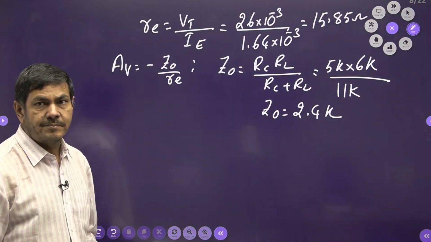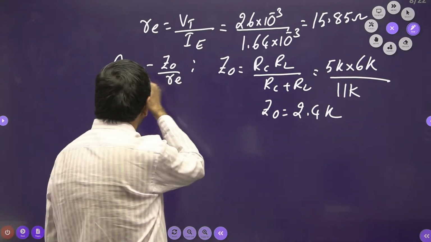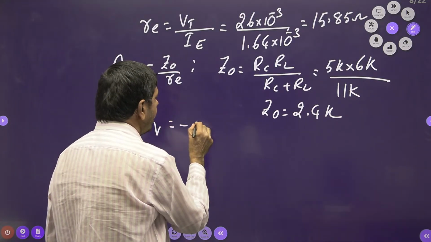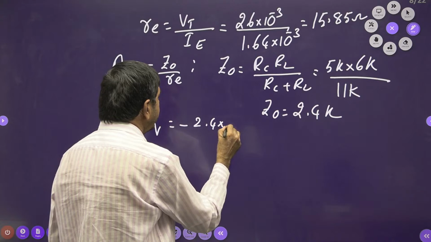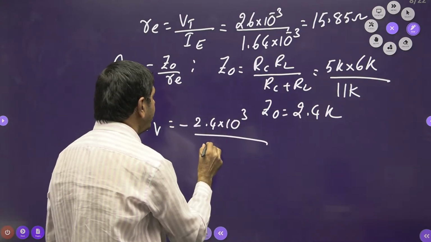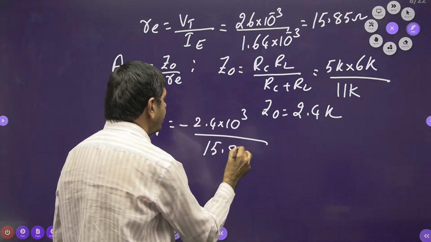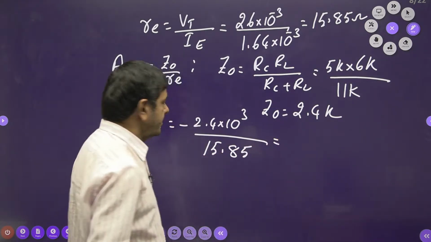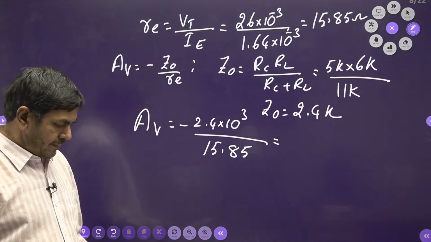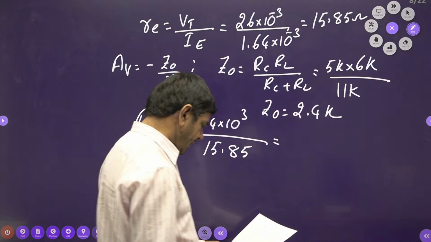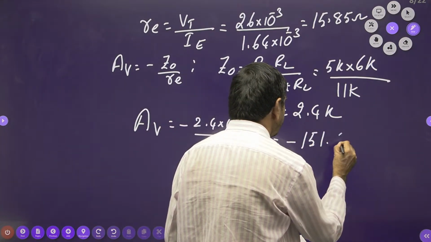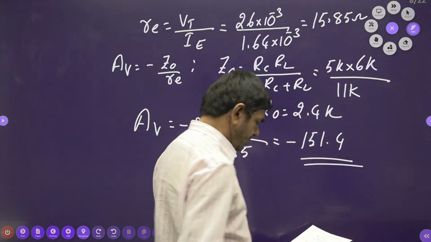2.4K is possible. Using this Z0, I can find the voltage gain AV. AV is nothing but minus Z0, 2.4K, divided by re, which is 15.85. That is the voltage gain, and its value will be minus 151.4 mostly.